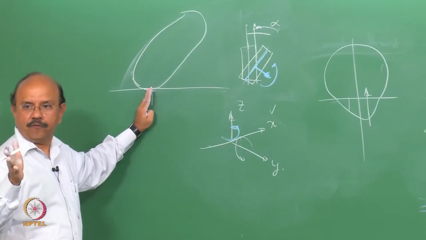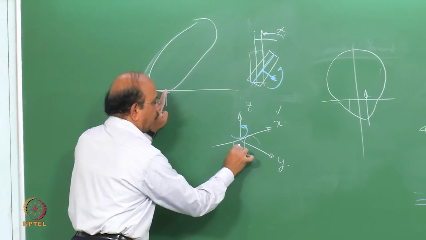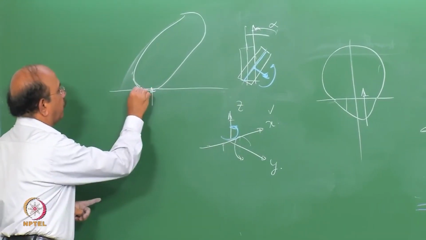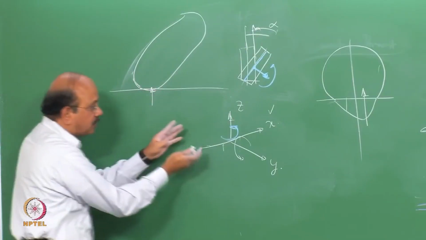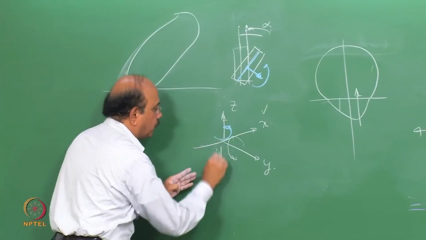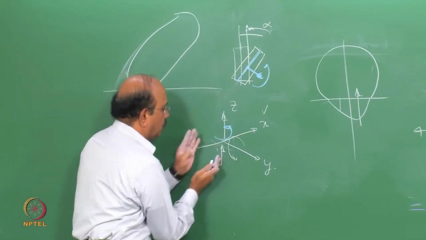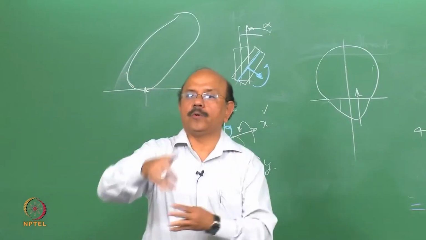So the normal force acts not exactly here but away from it. Look at this, this is the center point, but actually it acts away from it. So that is the force that's actually acting on the contact patch, and because of which there is another moment that acts along x, which is the overturning moment.